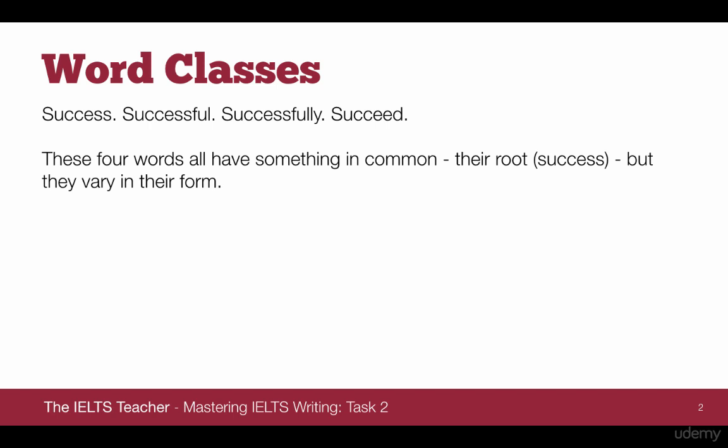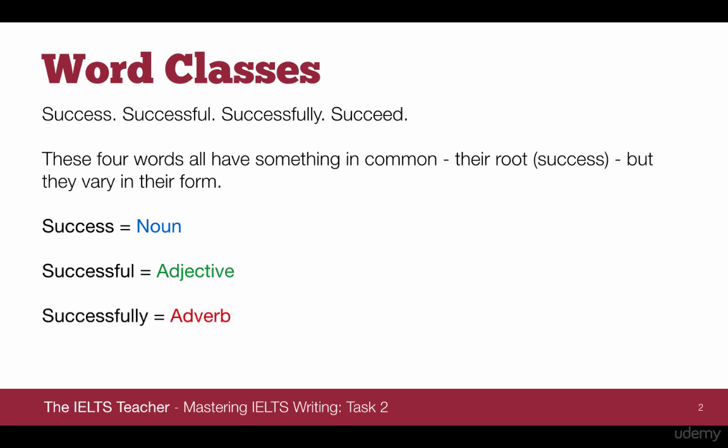So each of these words is a different class of word. Which one is which? Well, we have success, which is a noun. We have successful, which is an adjective. We have successfully, which is an adverb. And we have succeed, which is the verb.